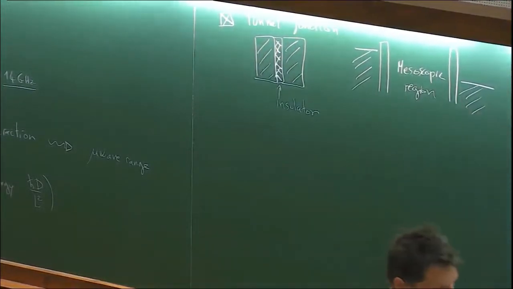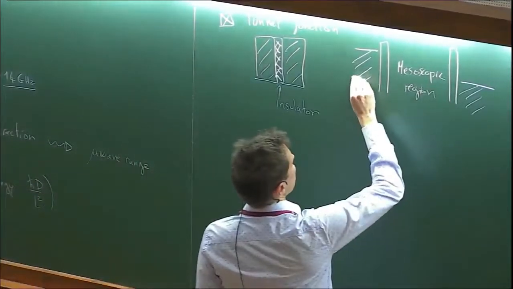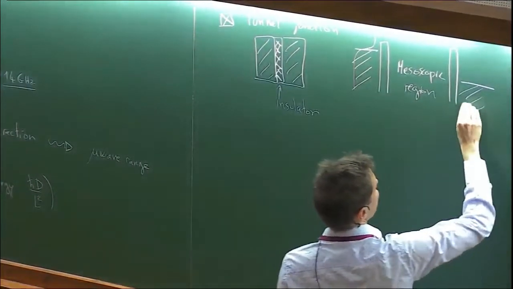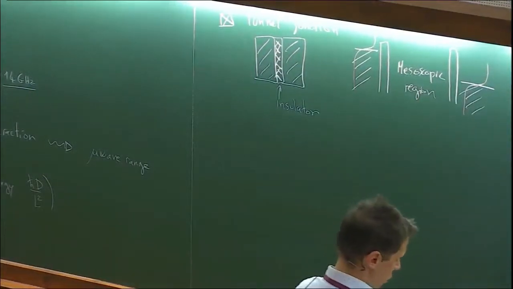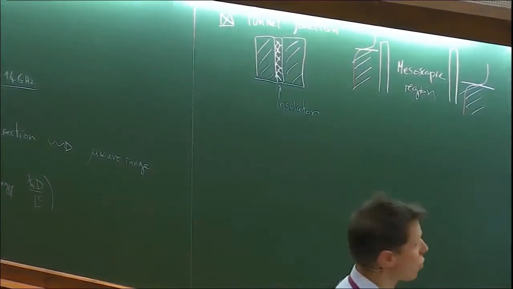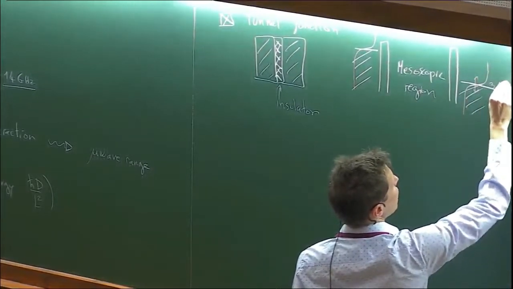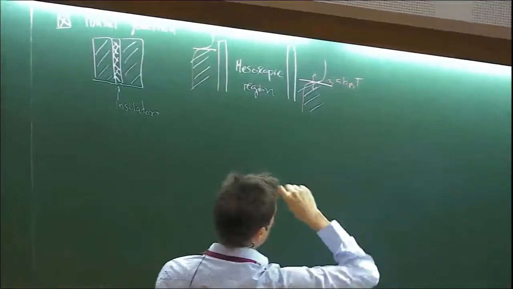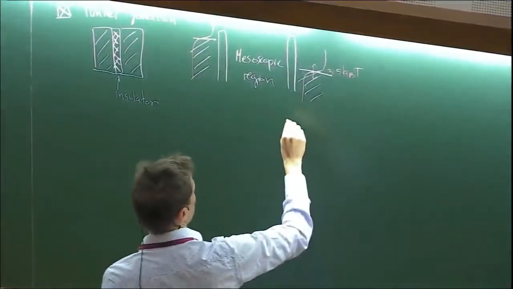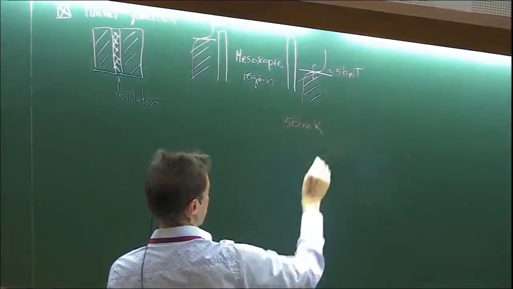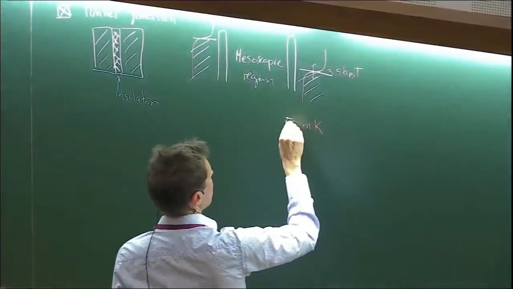Essentially, now you have Fermi functions here for the occupation, and the measurements are carried out at low temperatures, which means that there is some width, which is about 3.5 kBT. Let's say you are at 50 millikelvin.